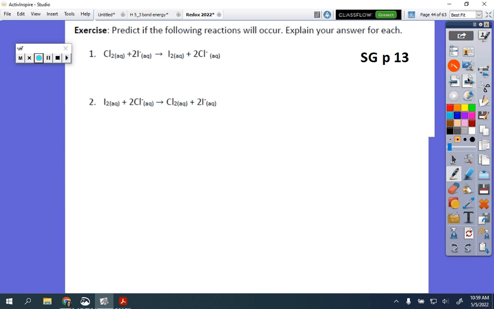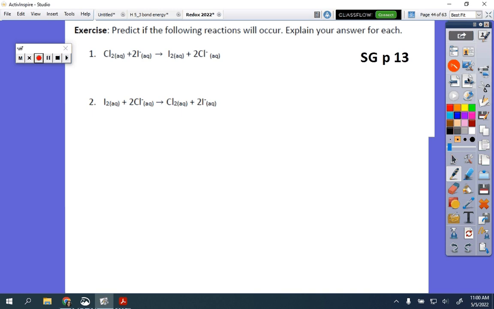Could be a compound with anything. It doesn't matter. What matters is that the iodine is already an ion. And the question is, can chlorine come in and kick it out? So is this reaction going to occur where chlorine becomes an ion and leaves iodine on its own?